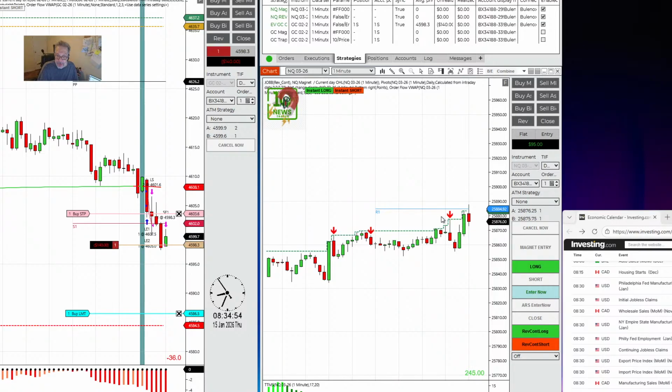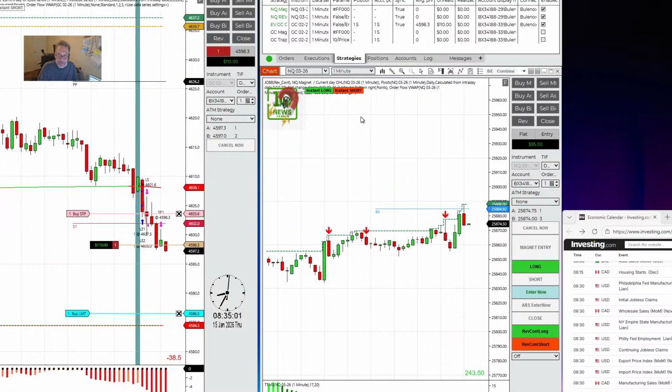On the NQ, if I get a signal short after making all these new highs, I'll take a shot. It's one contract. It is a little bit risky because the market is very bullish. So maybe I won't, in all honesty. It might be a little bit too risky to take a short right now. The news was so good. There was so much good news. Might be better off waiting.